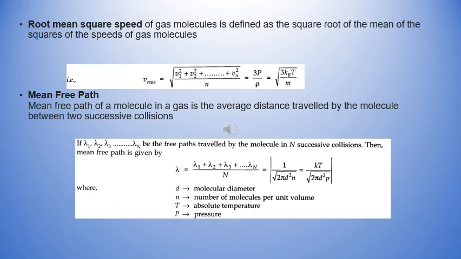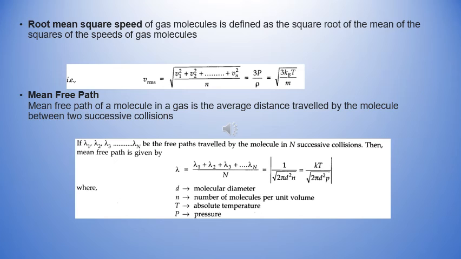Mean free path. Now the molecules of a gas are in a state of continuous random motion. As these molecules have a finite though small size, they always collide against one another frequently.